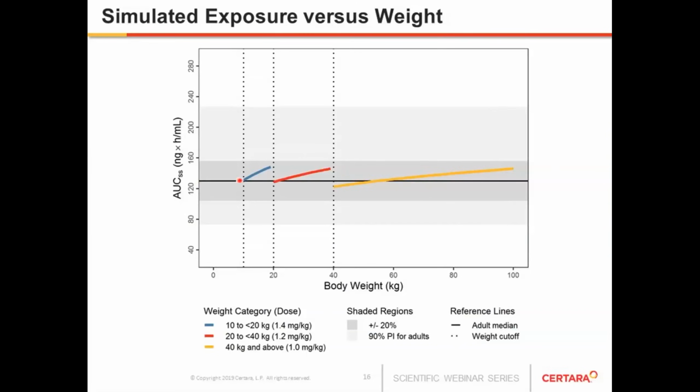The AUC range in adults was used as a reference to guide the further verification of the selected pediatric dose. As demonstrated in the figure, median values of simulated AUC at the selected pediatric doses for each body weight range were all within 20% difference relative to those simulated in adults.